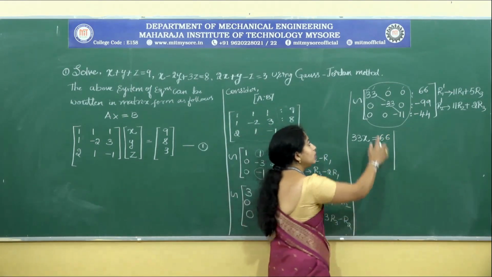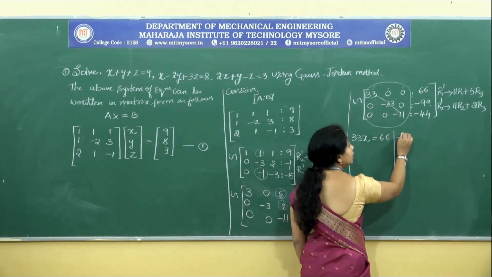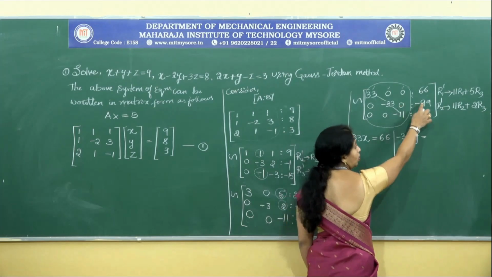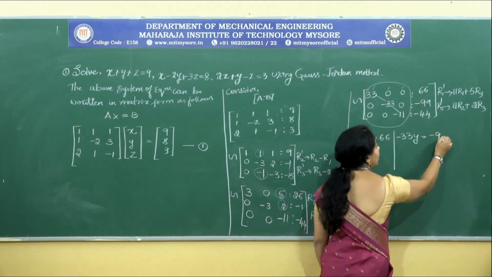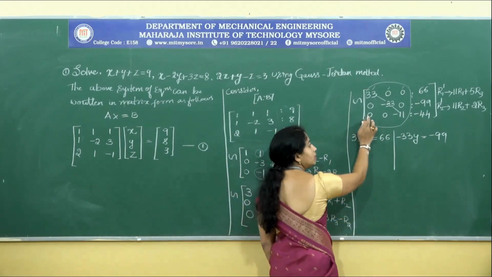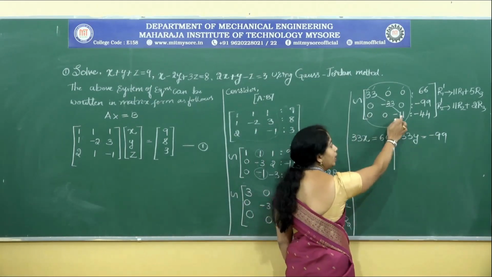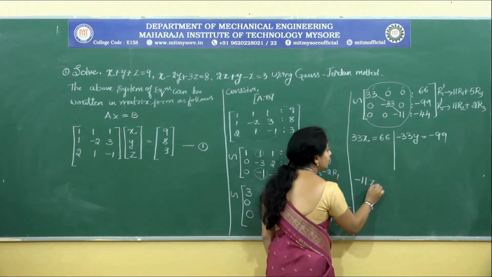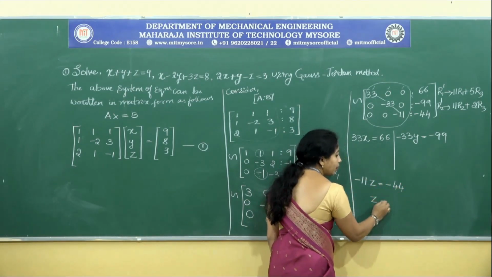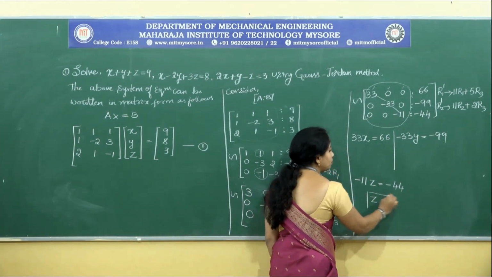See the next one, 0 into x minus 33 into y is equal to, again this element is 0, the constant matrix is minus 99. See the last row, that is 0 into x, 0 into y minus 11 into z is equal to minus 44. The value of z is 4.